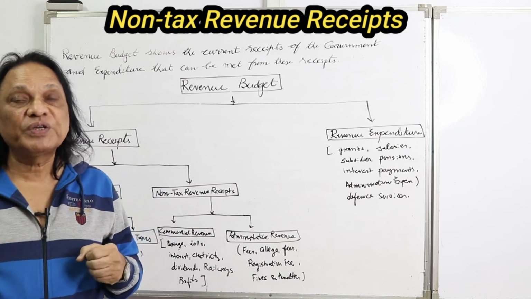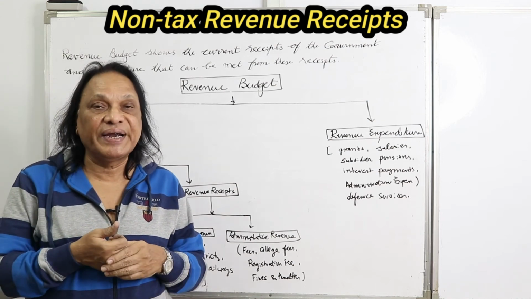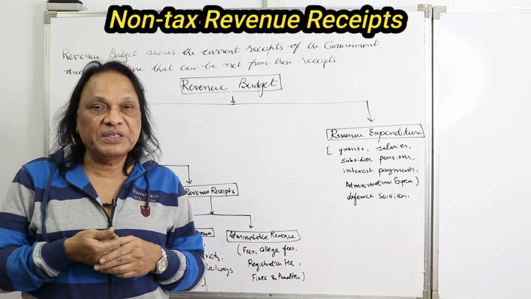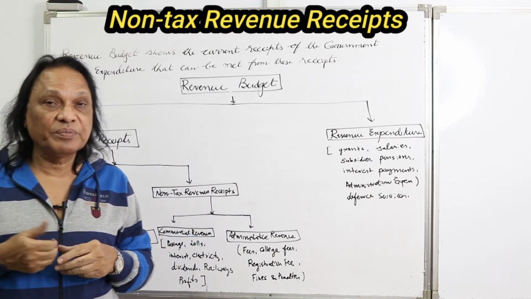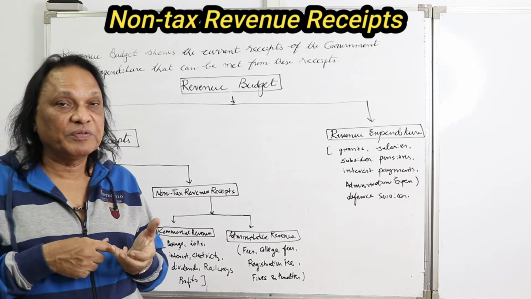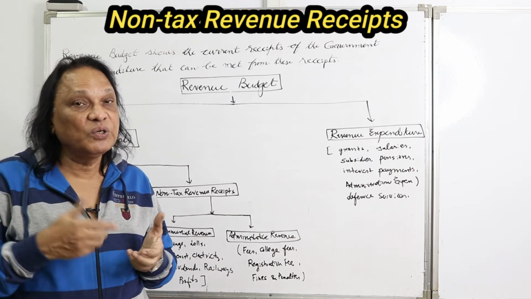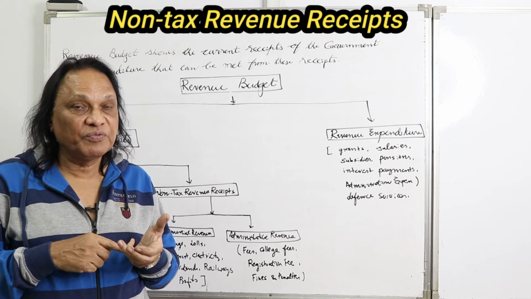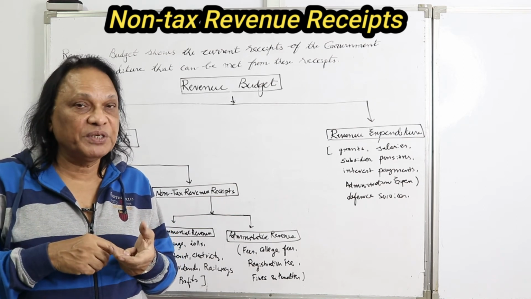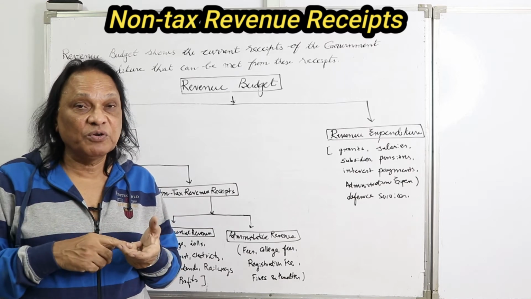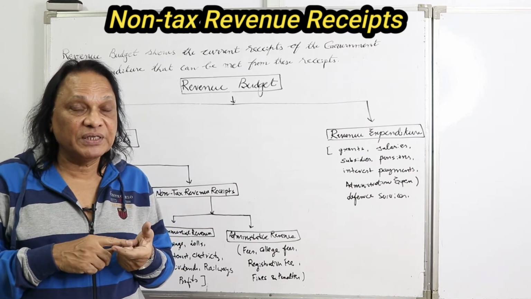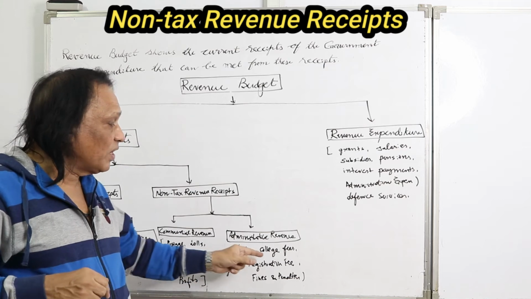This is the revenue which the government earns or generates in the process of administration. The government collects revenue from the public when they do house registration. When you buy firearms, there is some registration fees you have to pay to the government. You have to pay when you get your passport, when you get your driving license, fees and college fees.